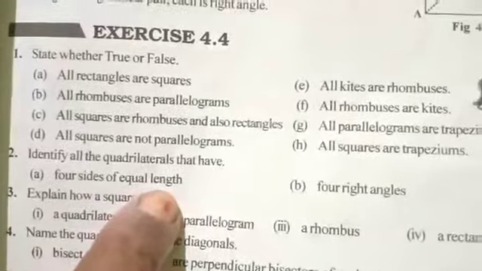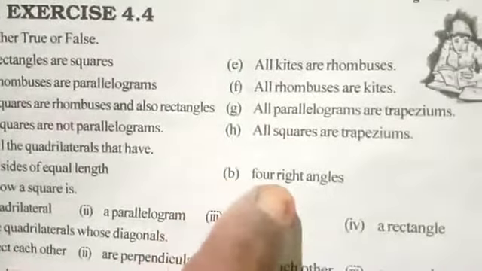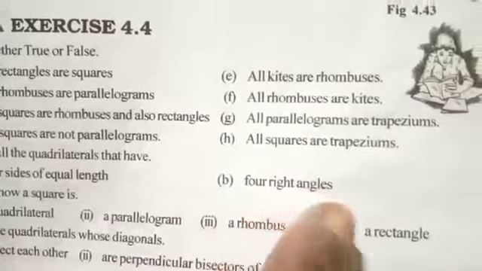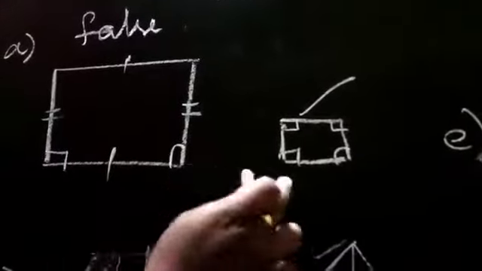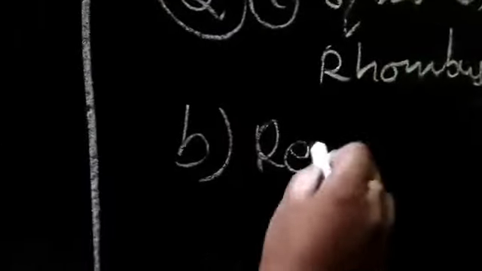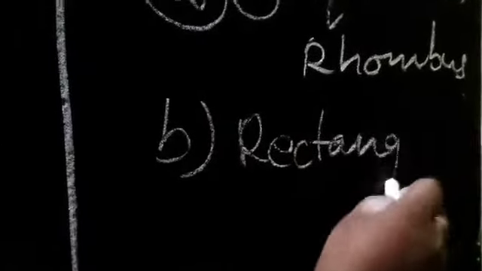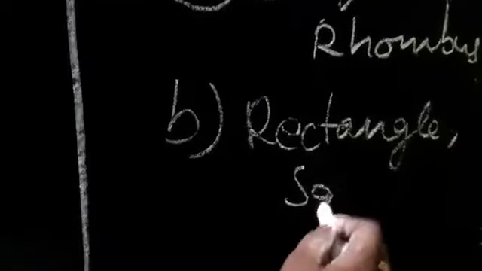B1: 4 right angles. Four right angles you will get in rectangle and square. So B1 is rectangle and square.